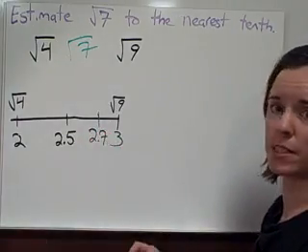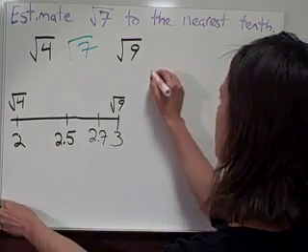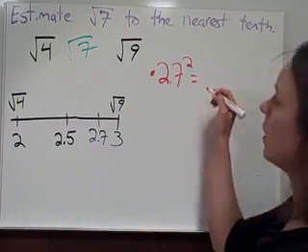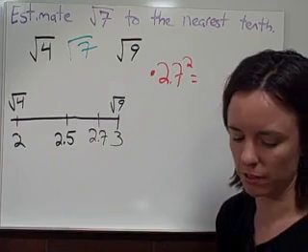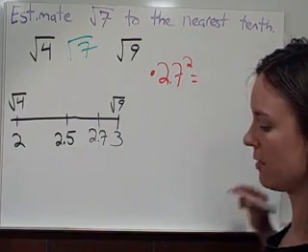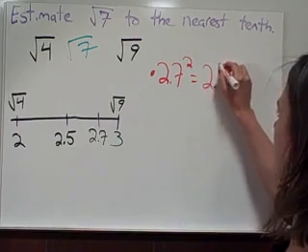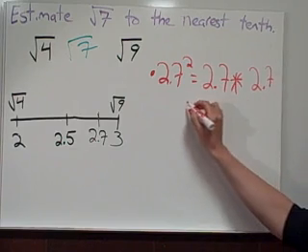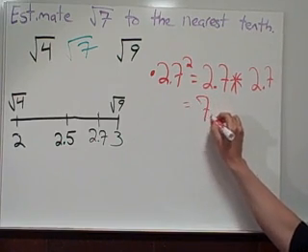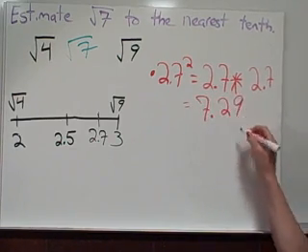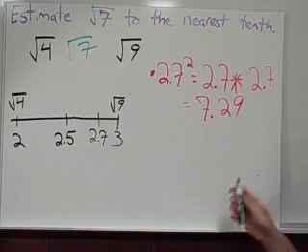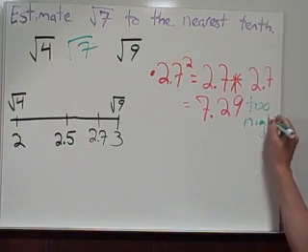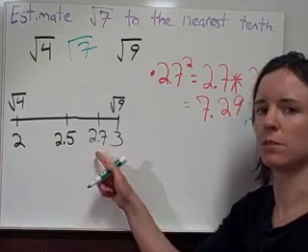So I want to see what is 2.7 squared. I'm going to use my calculator, and remember it's 2.7 times 2.7, so that gives me 7.29. Now that's a little bit too high. 2.7 was too high.